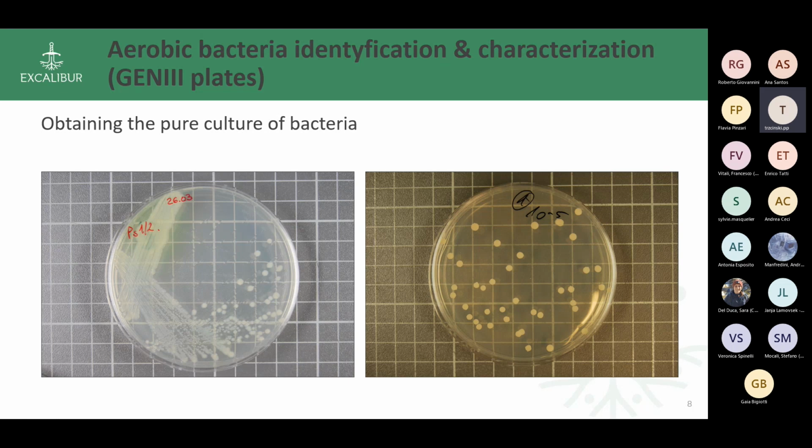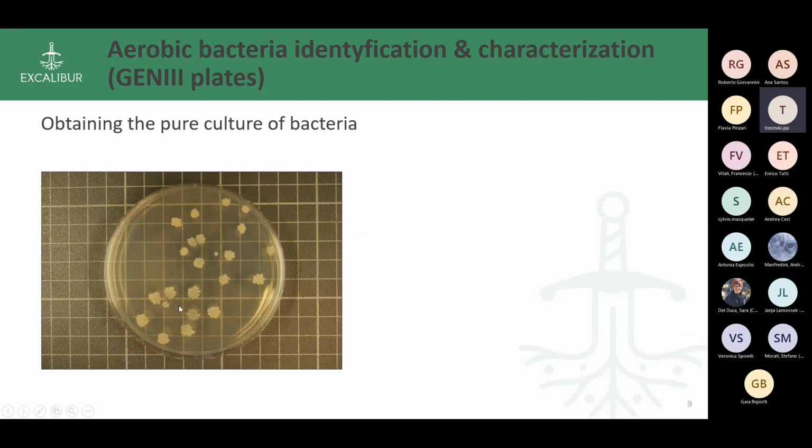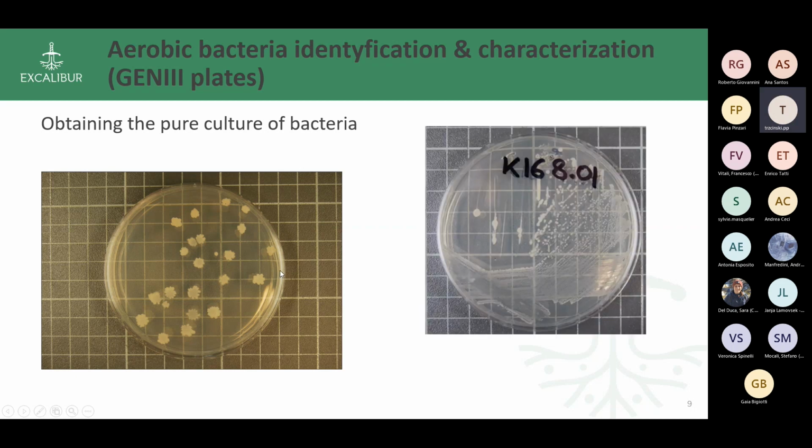We have to dilute this inoculum several times, and we will obtain something like this. Here you can see the spread plating technique, and in the middle there is a colony which differs from the others. So with spread plating we can observe these things.